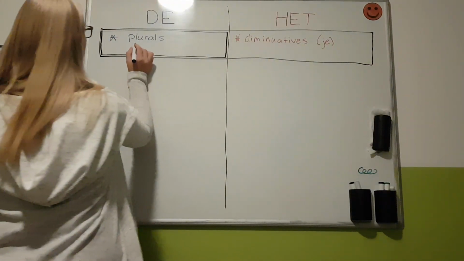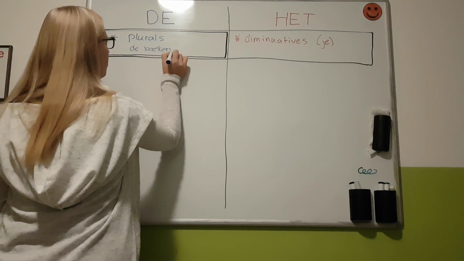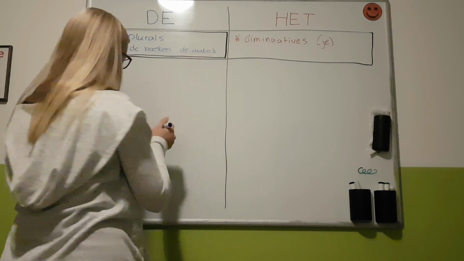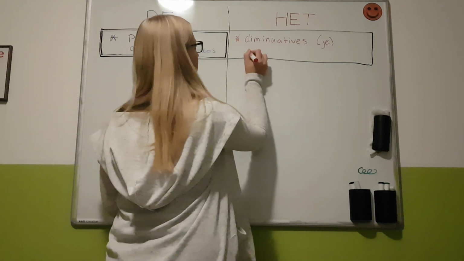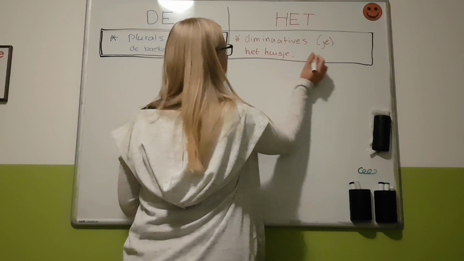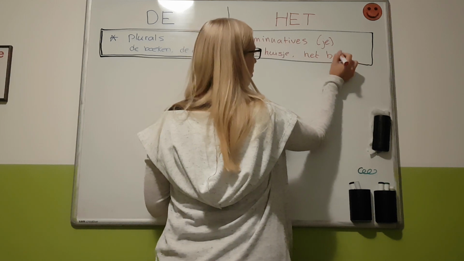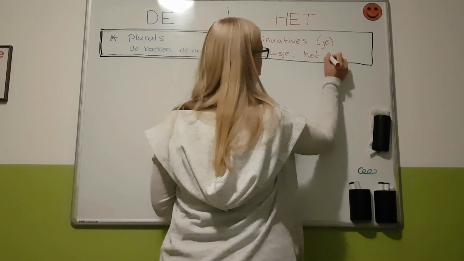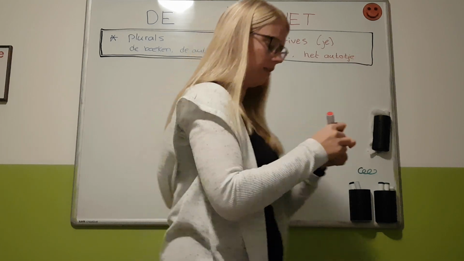So a plural word would be, for example, de boeken, or de auto's. Yeah? And two examples of diminutives would be het huisje, het, let me think, for example, autootje, autootje, right?